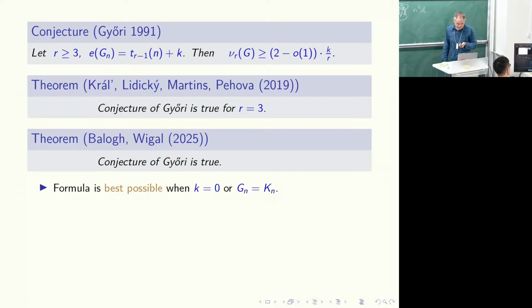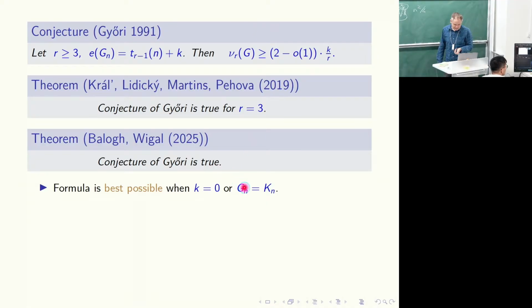and we didn't use the method of flag algebras. And note that I probably should have said at the motivation of Győri's conjecture that it has at least two best possible values. One of them is when k is equal to 0, because if we don't have a K_R, then the formula says that we need to have 0 of them.